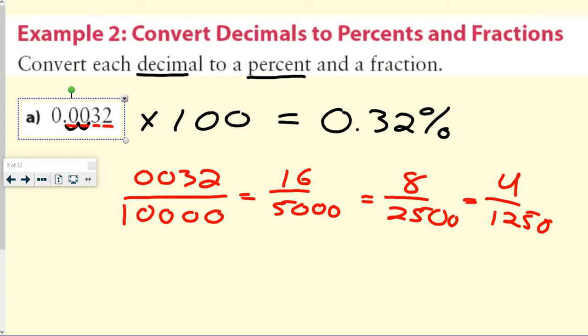So that's the fraction that we're dealing with right there. We can go further: 2 over 625. So that's the fraction that we're dealing with for 0.32%.